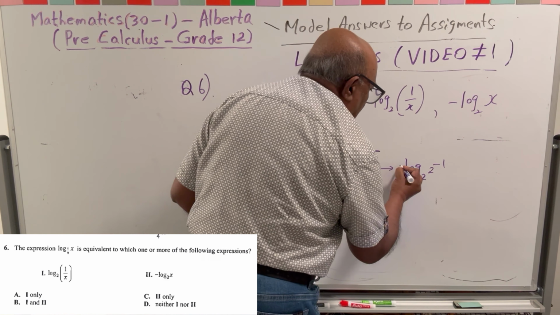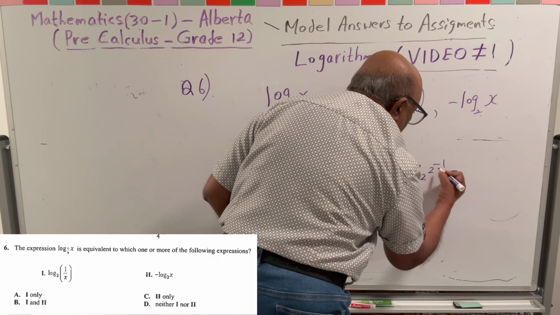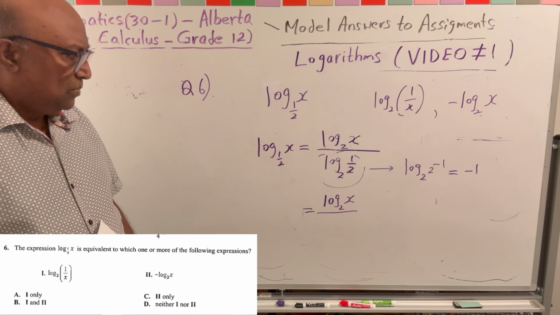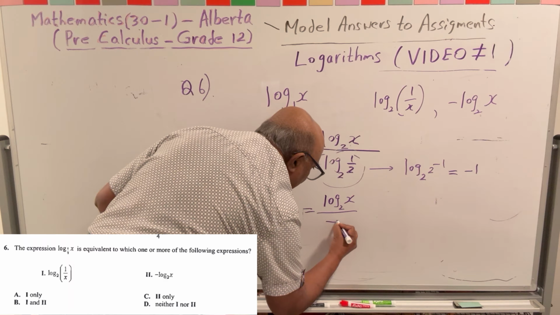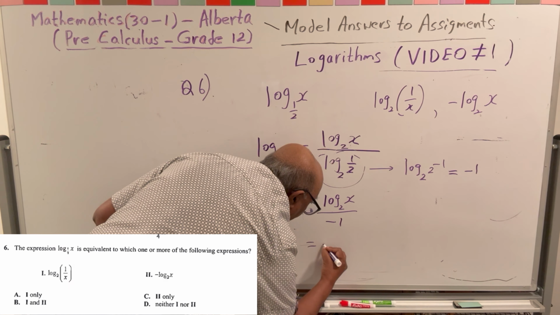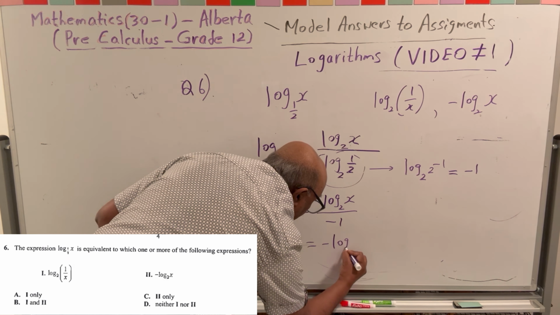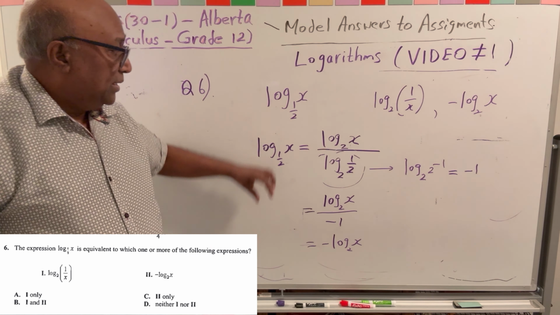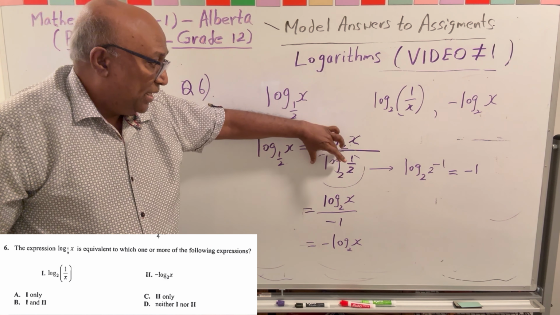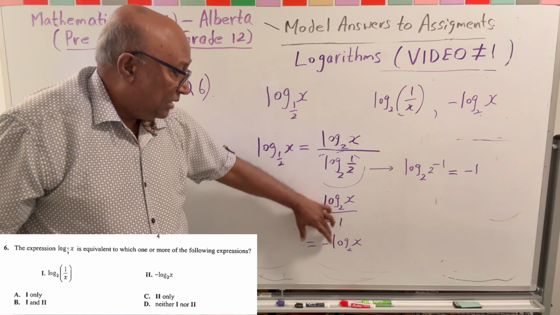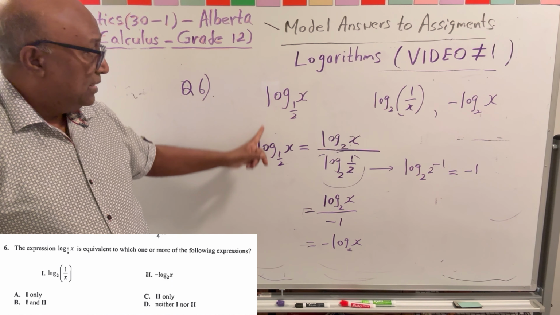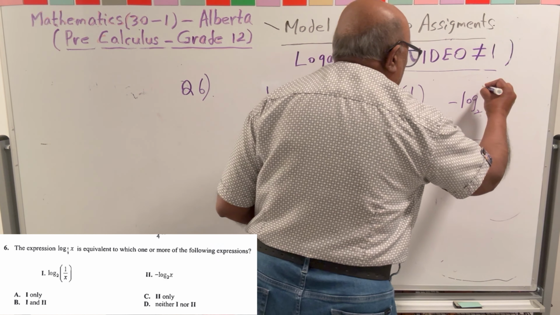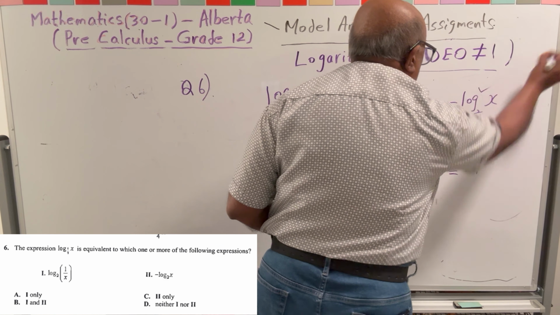That means the answer for this one is -1. That means the final answer is minus log 2 x. Once you apply our principles slowly by using these steps, we understand that this original function is equivalent to this. That means we have to accept this. This is right.